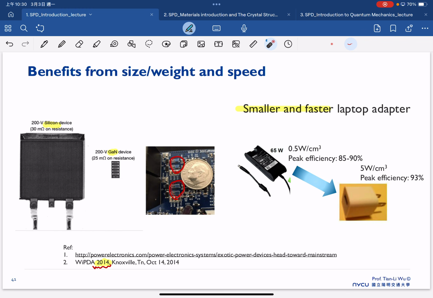So this is also an example to remind everyone that what you have been doing here is actually all very valuable, because in probably 5 years, 10 years, one of your works can really become a product that can influence society. In 2014, nobody really believed that we could make a charger smaller and faster than the conventional charger. But nowadays, it's very easy to buy this charger in the market, and you all already enjoy this smaller and faster charger.